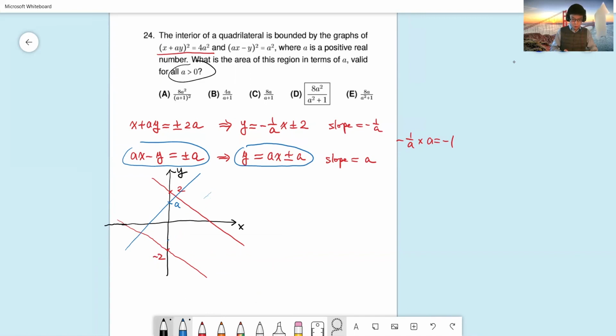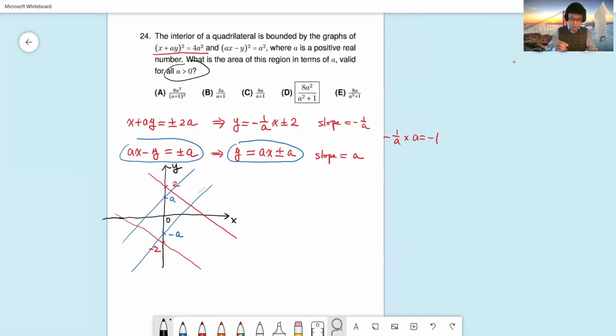Okay. So this is the basic picture for these four lines, and the quadrilateral here turns out to be a rectangle. So the question here is to express the area of the rectangle in terms of a.